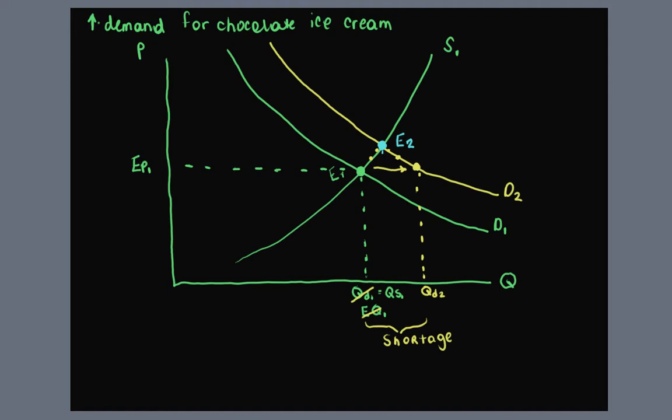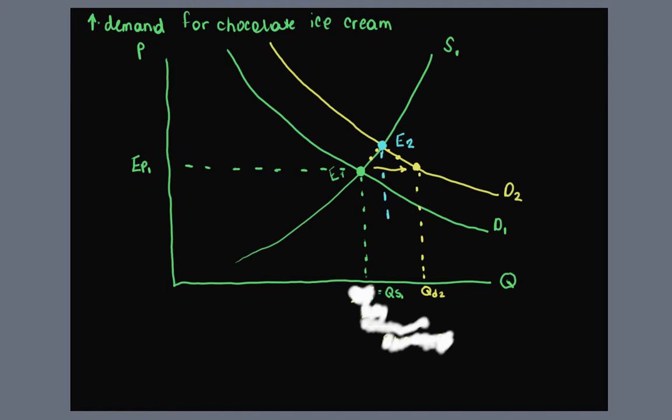Now let me come down to the x-axis to show you that this is my new quantity supplied, on the old supply, which equals the new quantity demanded.